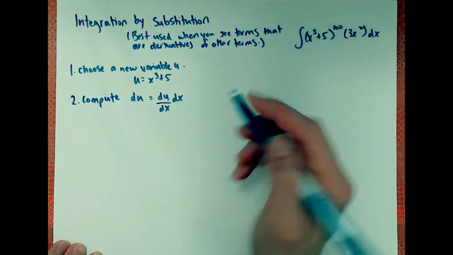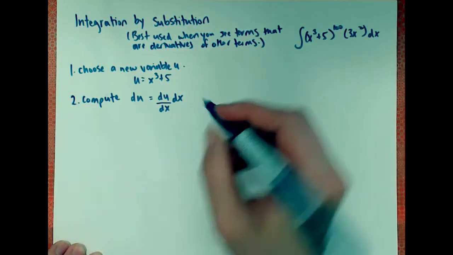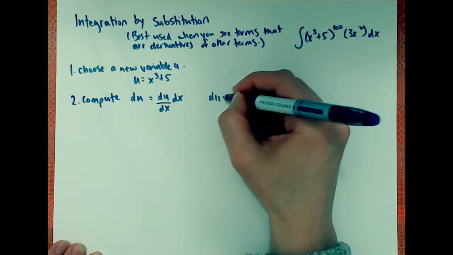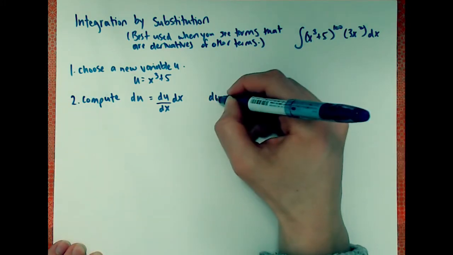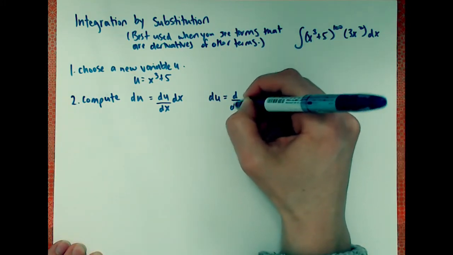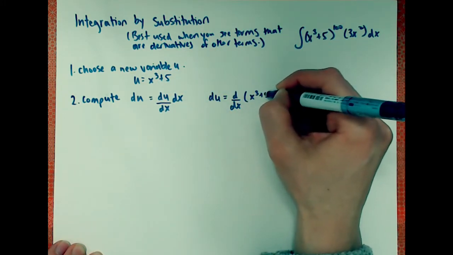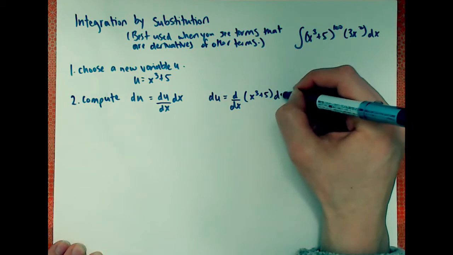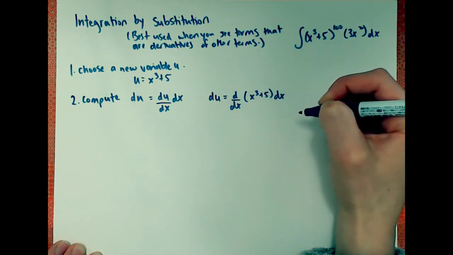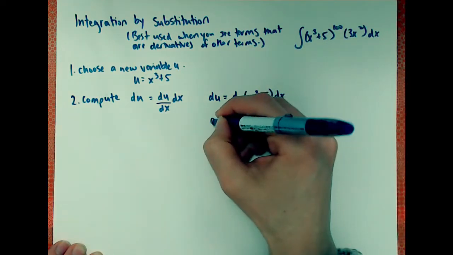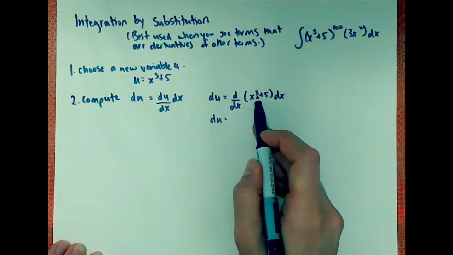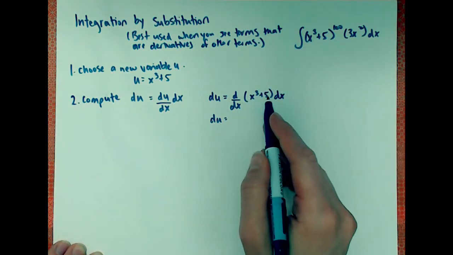So in our example here, du is equal to the derivative with respect to dx of u, which is x cubed plus 5, times dx. So then du is equal to 3x squared.